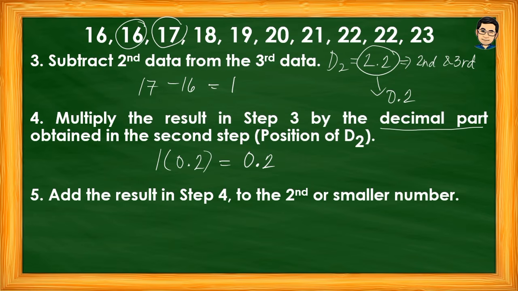Next, add the result in step 4 to the second or smaller number. So, magbe-base tayo ngayon sa second and third number. So, 16 and 17. So, alin dyan yung pangalawa? Okay, yung smaller number. And that is 16. So, ngayon, yung 16 i-add natin doon yung nakuha nating sagot doon sa step 4, which is 0.2.